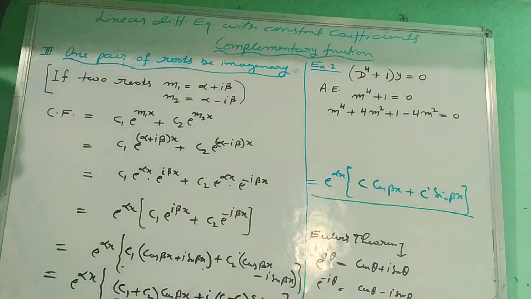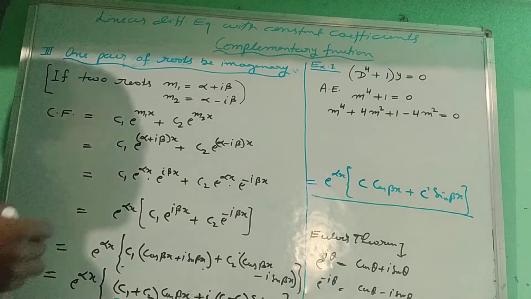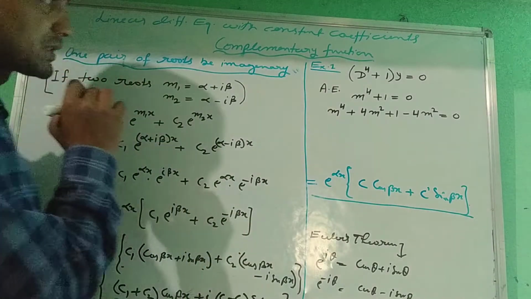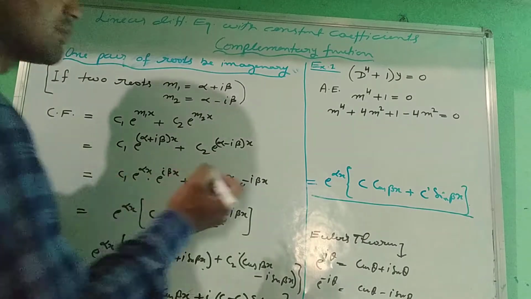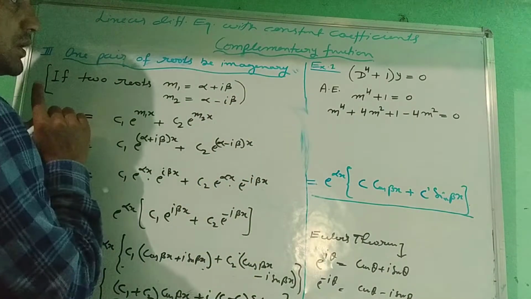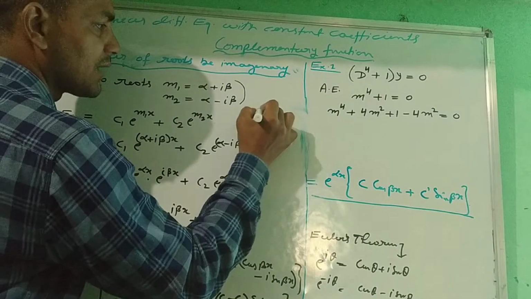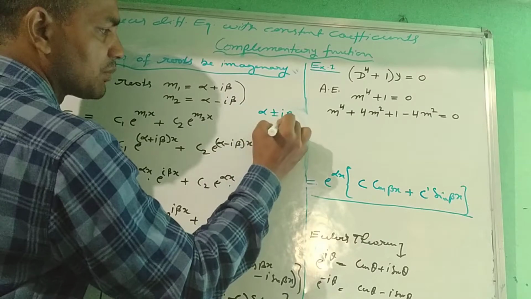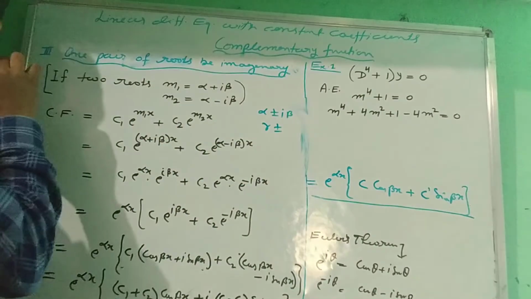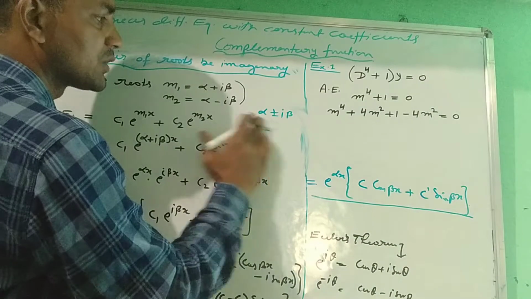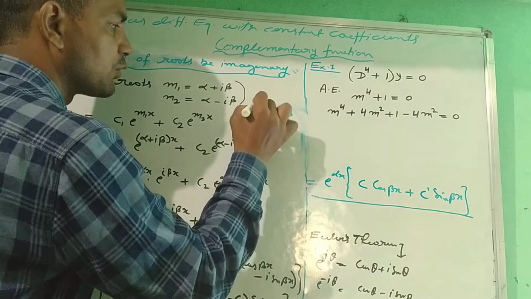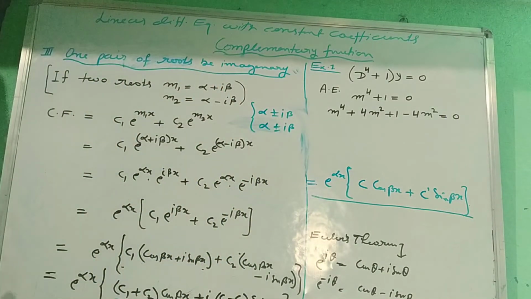If we have more than one pair of complex roots, then we can easily write the complementary function. Suppose that we have the complex roots alpha plus minus iota beta, and we have the same pair of complex roots repeated twice.